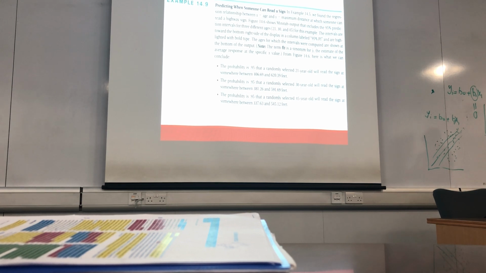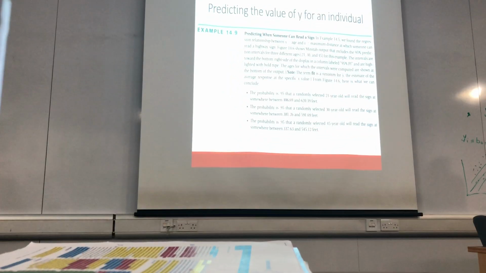Here we have an example predicting how far someone can read a sign. We found a regression relationship between x and y, age and the maximum distance at which someone can read the sign marked highway.